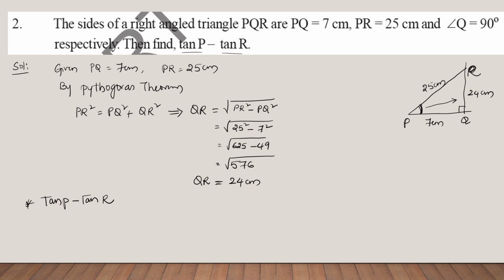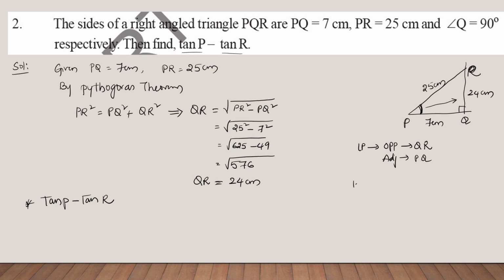Are you getting my point? With respect to angle P, opposite side is QR, and adjacent side is PQ.